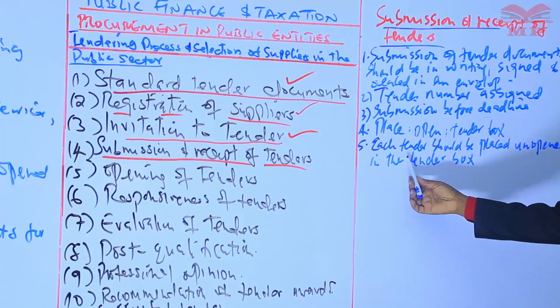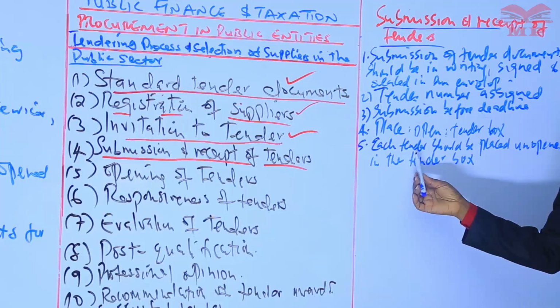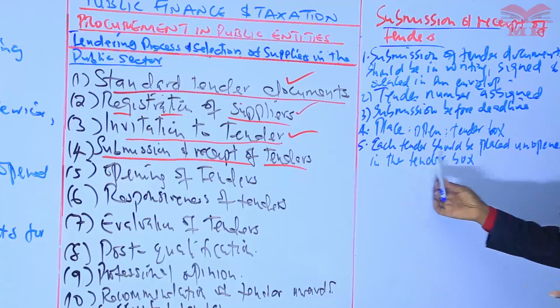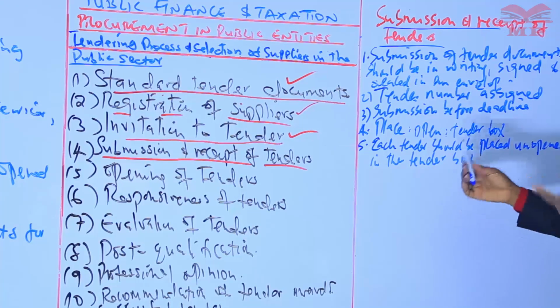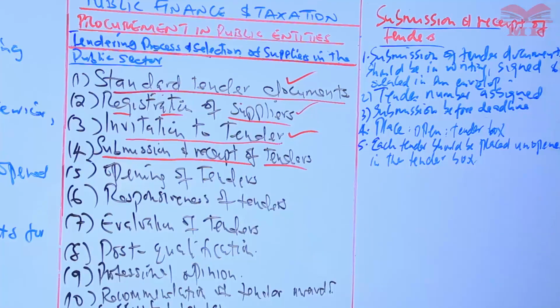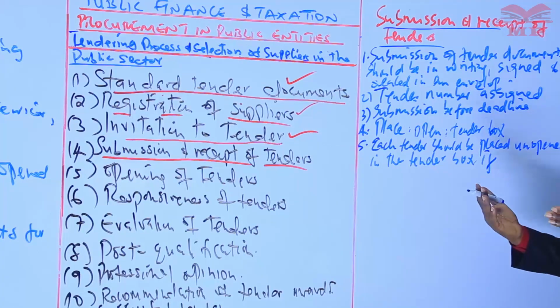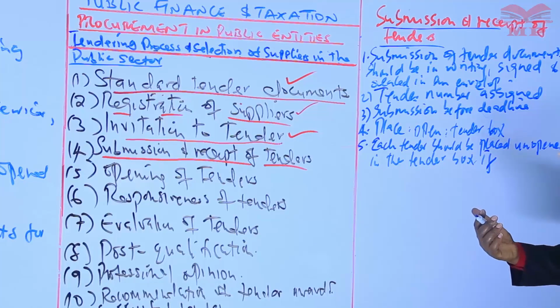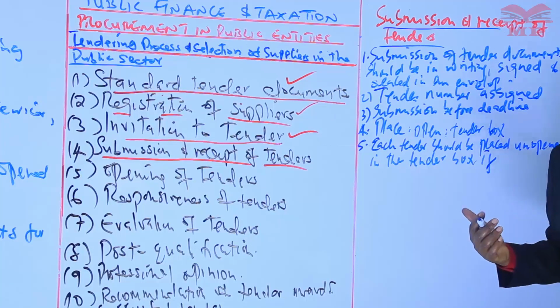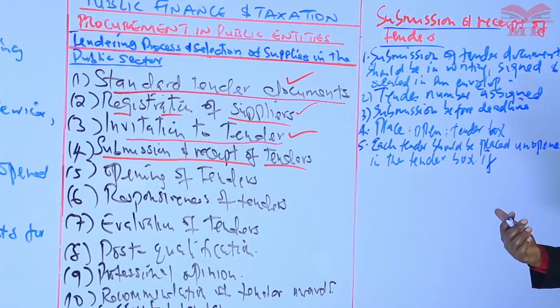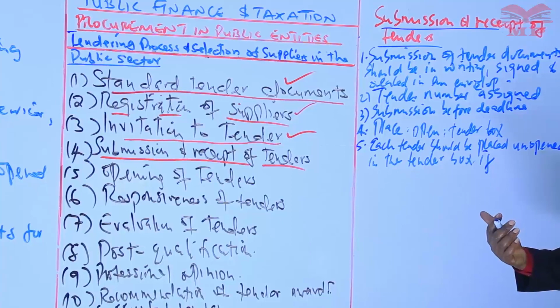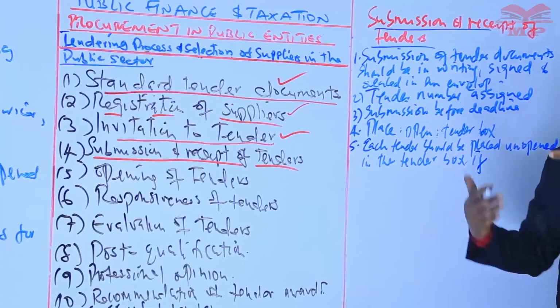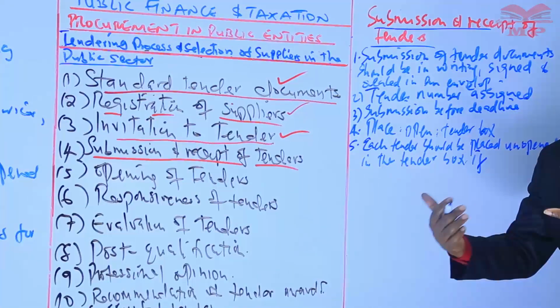Each tender that is delivered should be placed unopened in the tender box if, one, the tender is delivered by post or by the staff of the procuring entity immediately upon receipt.